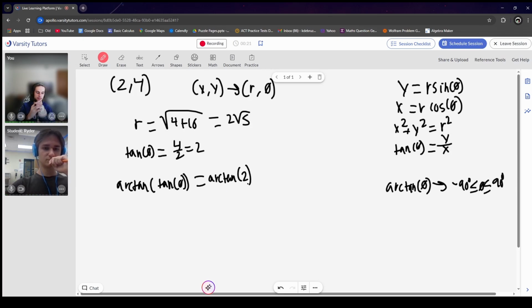If you're doing these on an exam without a calculator, expect that it'll be a unit circle value, hopefully, fingers crossed. If not, you'll just leave it in terms of arctangent. So we would say that our answer is 2 square root of 5, arctangent of 2. And that would be our answer.